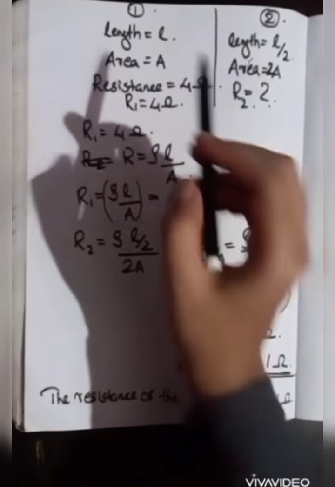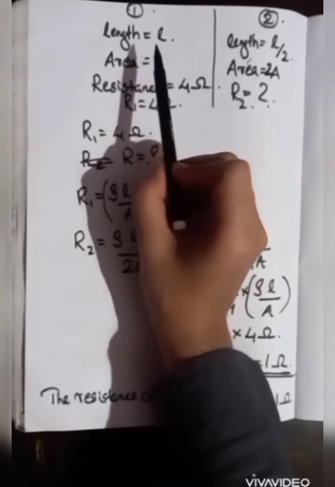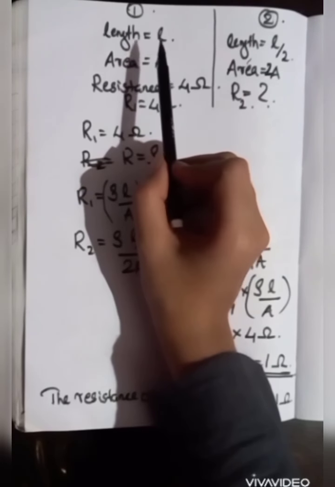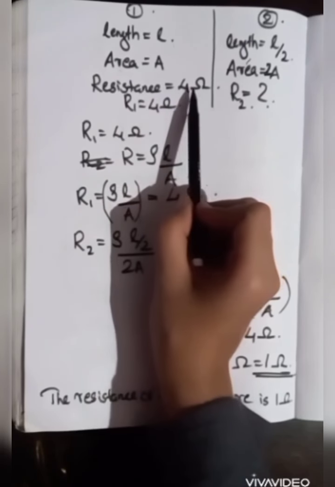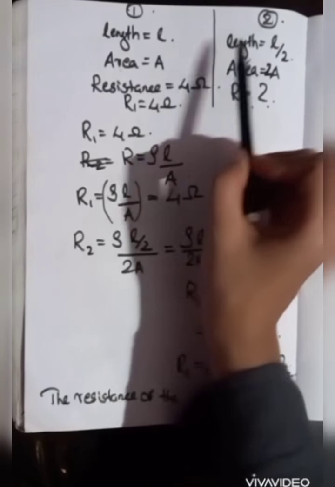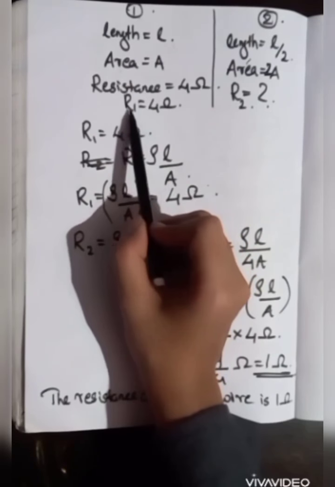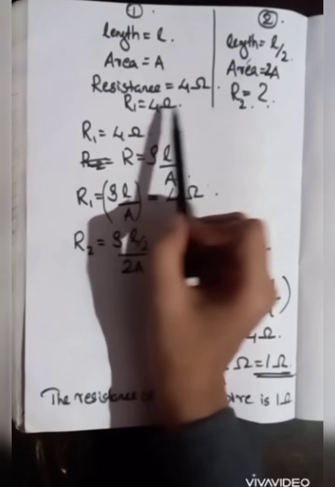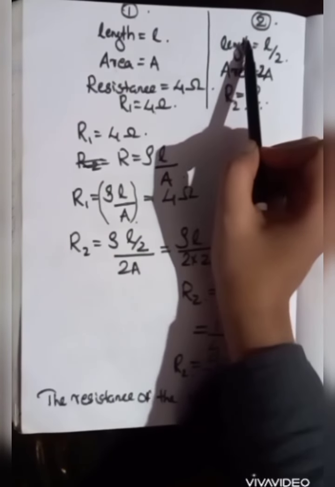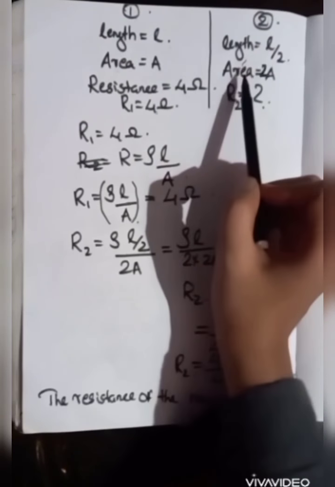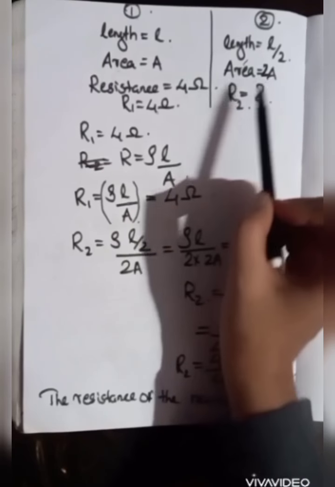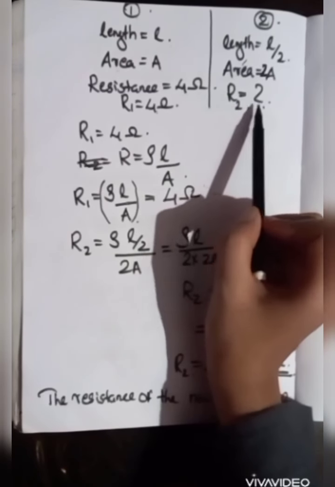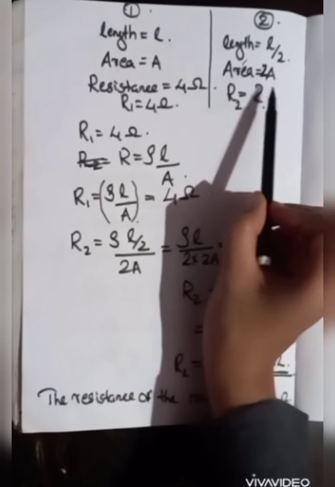Our question again: a wire of given material having length L and area of cross section A has a resistance of 4 ohm. We take it as the first wire, R1 equal to 4 ohm. Then the length becomes half and the area of cross section is doubled, 2A. What will be the resistance? We have to calculate it.